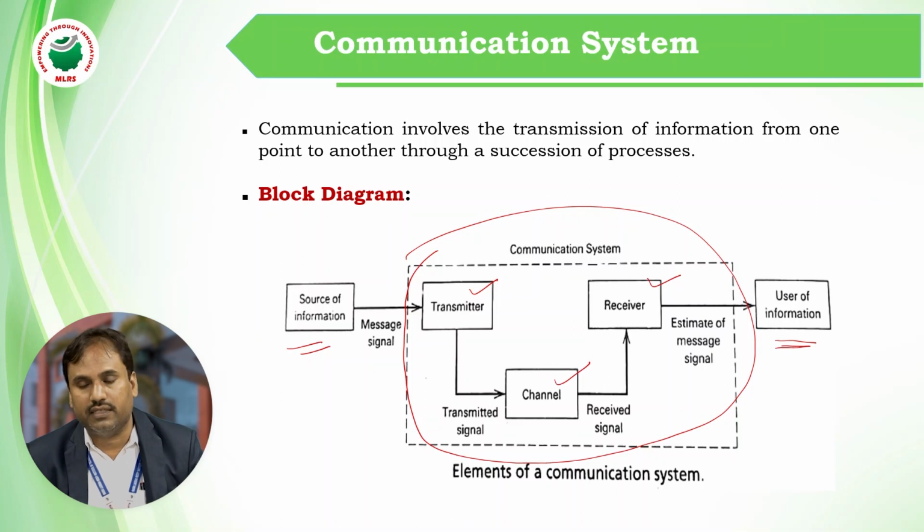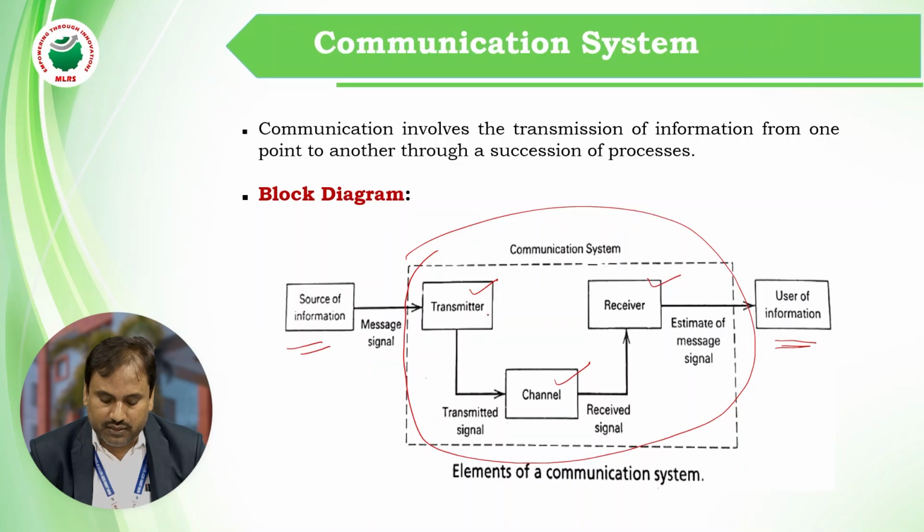I am speaking, you are listening, there is a channel. The transmitter is transmitting our signal, and the receiver is receiving our signal, and the destination side, the user, receives my information. Between transmitter and receiver, there is a block called the channel.